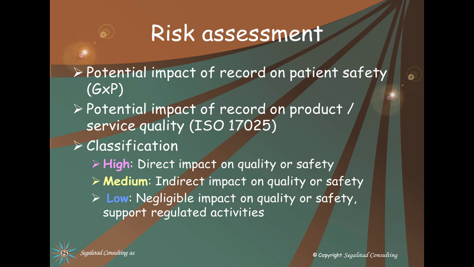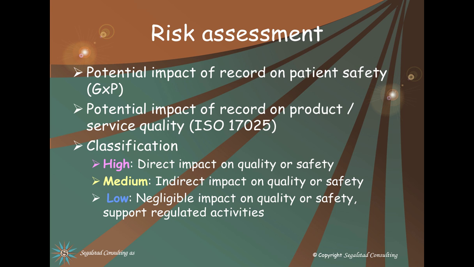Risk assessment. Requirements for records in the GxP regulations are also relevant for the other standards like 17025. And product quality also includes lab results from an accredited lab. The potential impact of records on patient safety is, of course, a high risk.